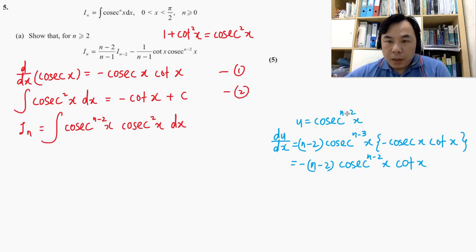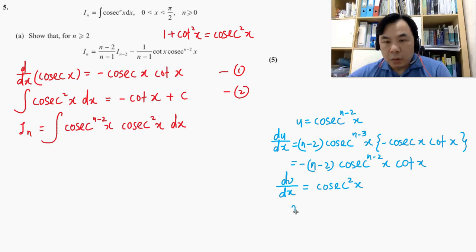Now the second part of the integration by parts would be to let your dv dx equate to something that is easier to integrate. So in this case, we let our cosecant square. Right?